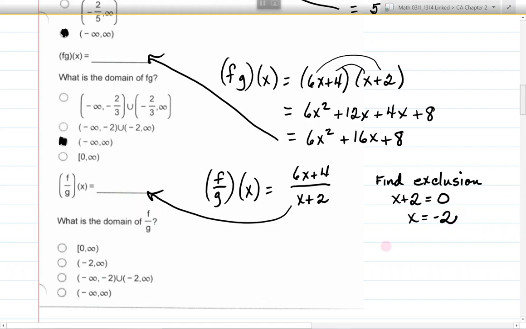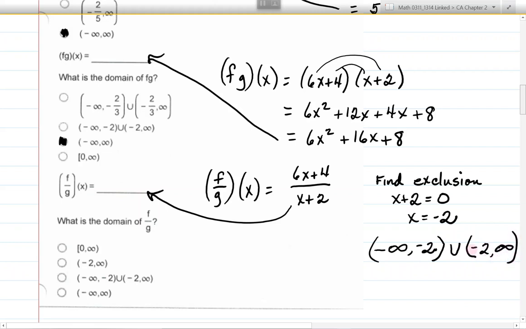That means that we're going to go from negative infinity to -2, but put parentheses around the -2. It's always parentheses around infinity, but around -2 to say it's not included. Union with, open parentheses, -2 to infinity.